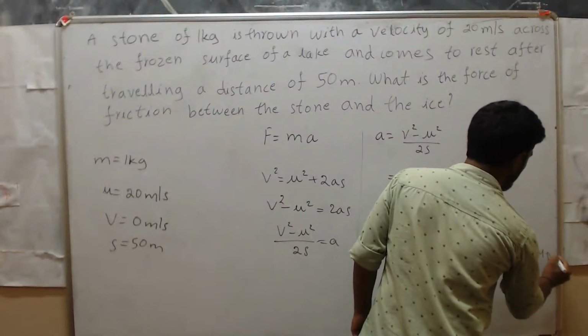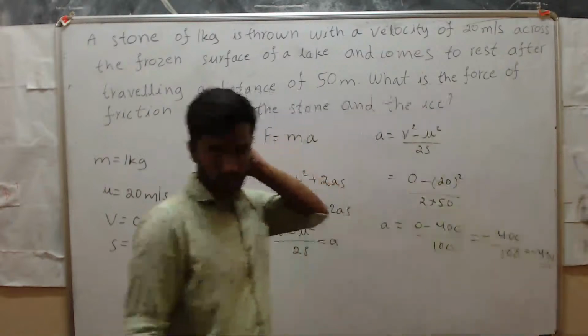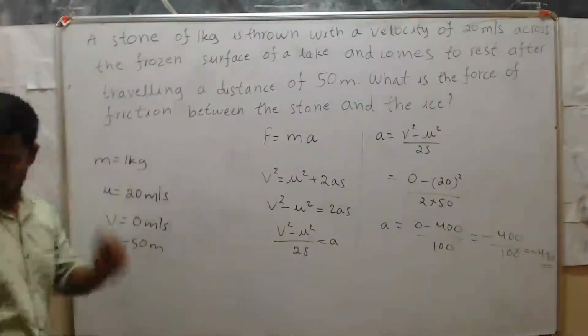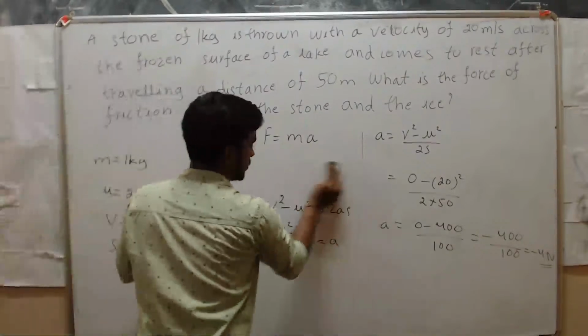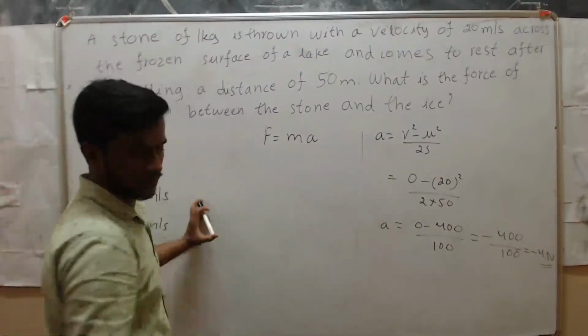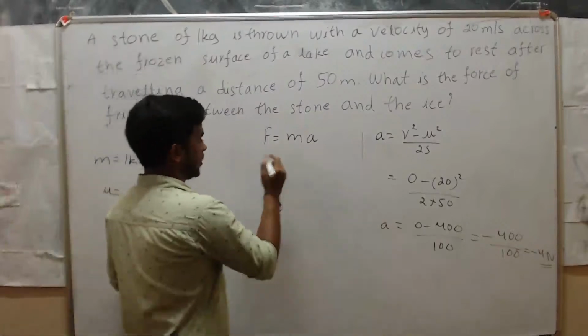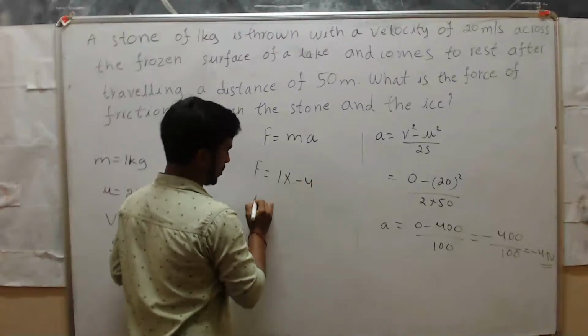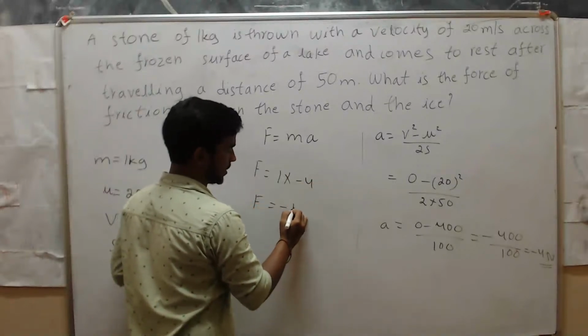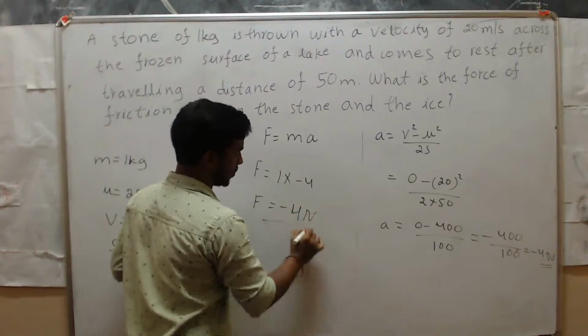Now substitute here: F is equal to m is 1 and a is minus 4. So finally the answer is minus 4 Newton.